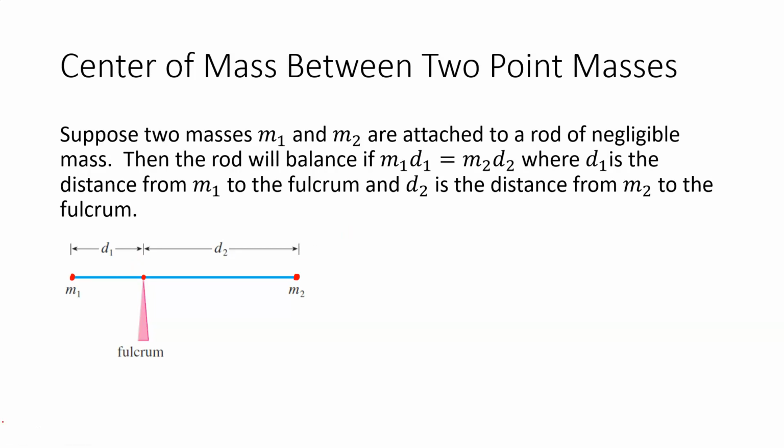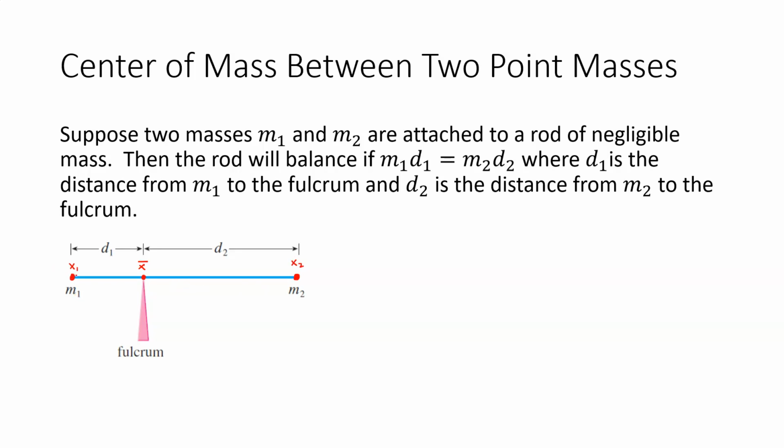So let's start by imagining that these two masses lie on an axis, where here we'll call the fulcrum x bar. That'll be the location of that on the axis. We'll say the location of M1 is x1, and the location of M2 is x2.